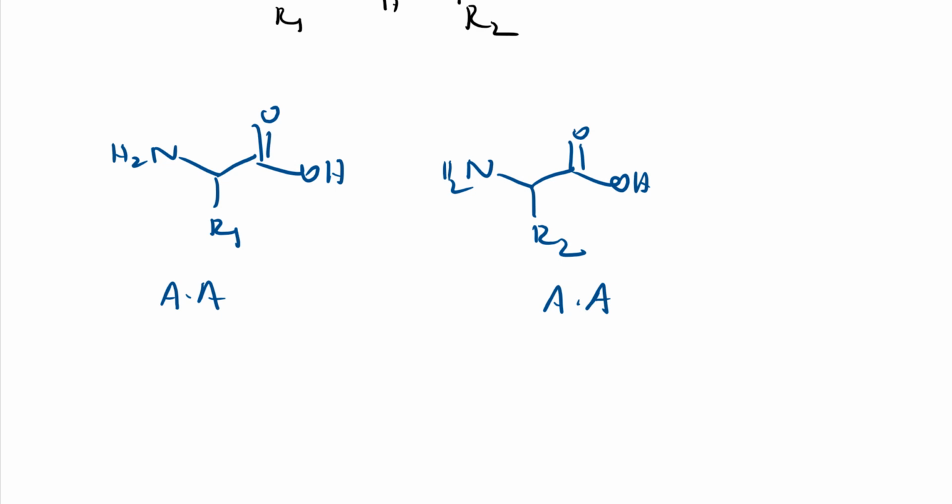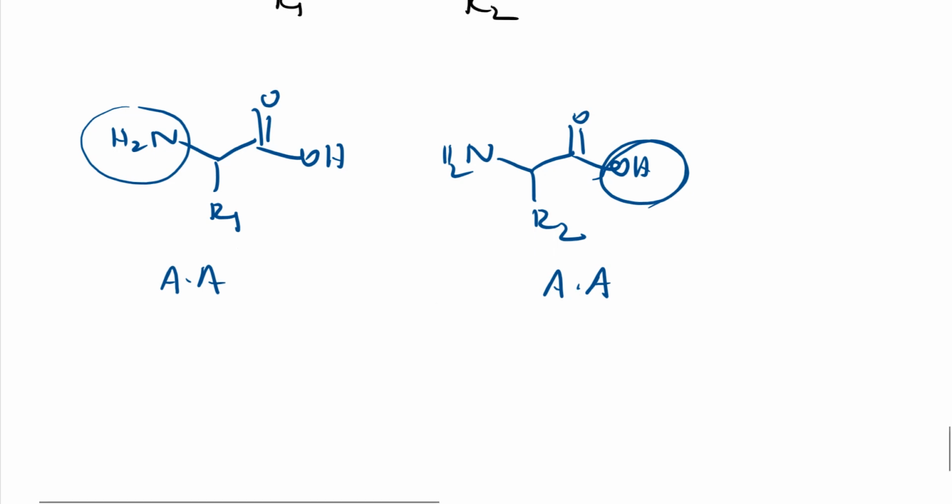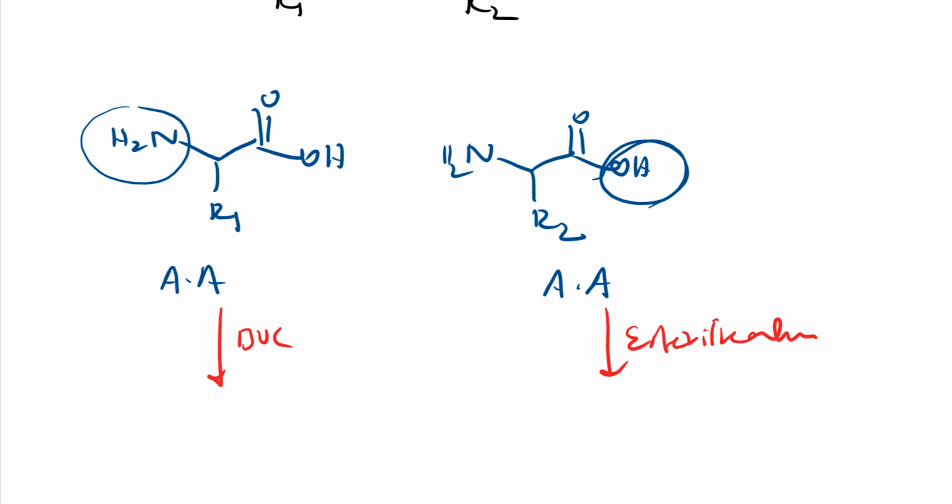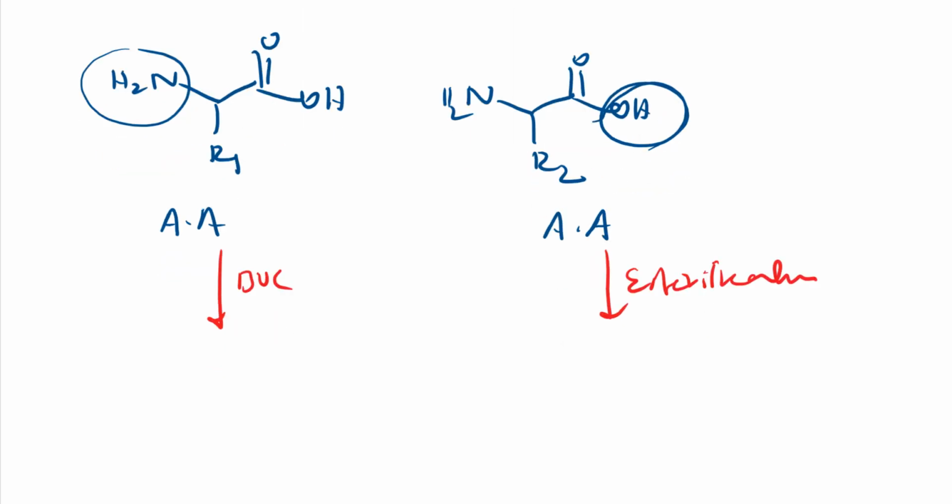I will protect this NH2 using Boc, right? And here I will protect this OH. I can protect this acid group by converting it into an ester, right? So let me do that. First I will do protection here. So here protection using Boc, here protection using esterification, both methods. So what I will get, see here, is NH Boc protected, right?